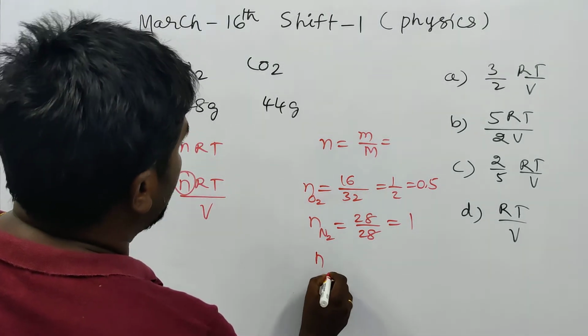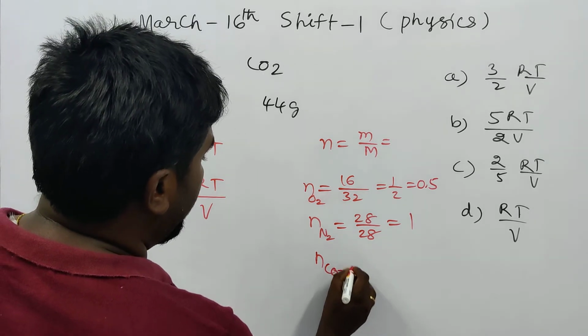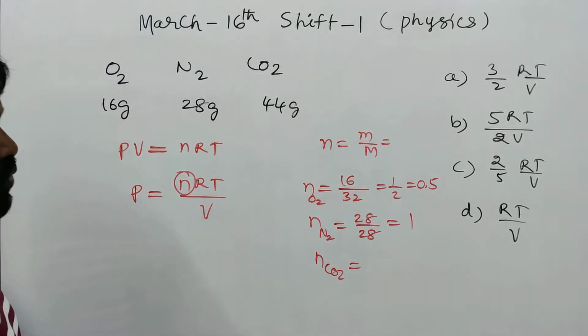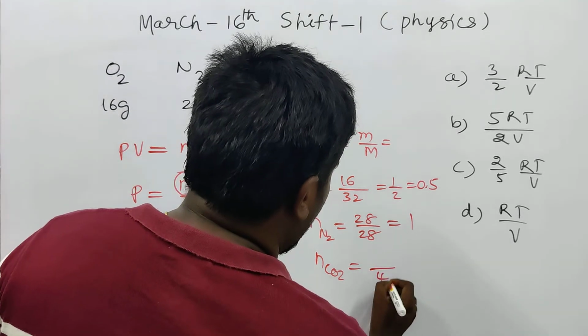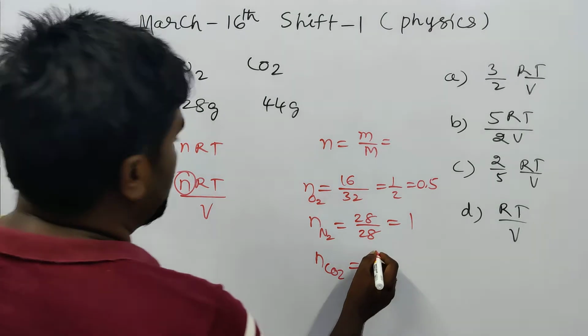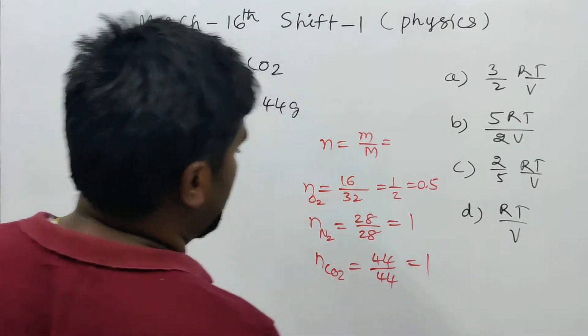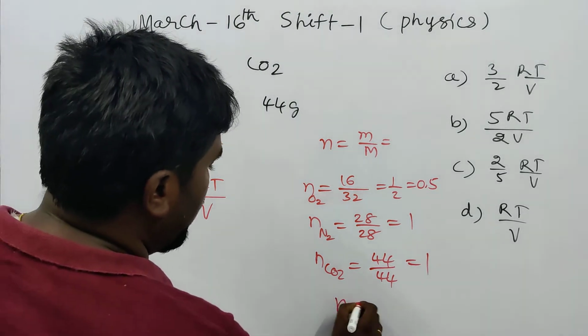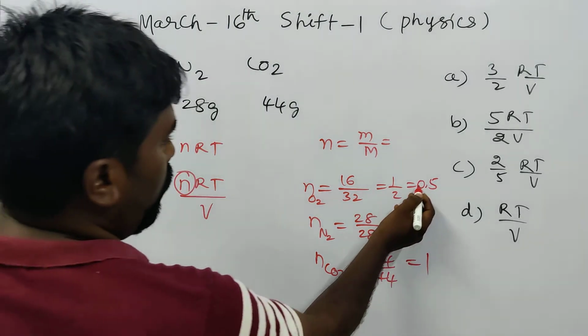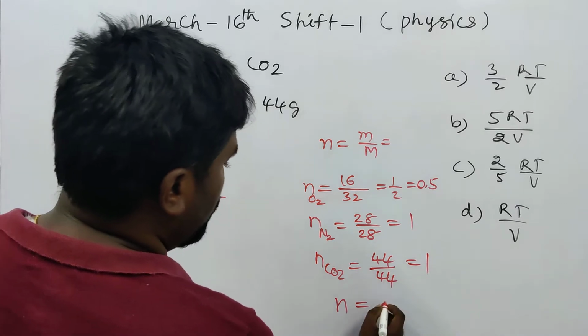Similarly, for carbon dioxide, 12 plus 32 gives 44, which is the molecular weight, and the mass is 44 grams, so n is 1. So the total n is 0.5 plus 1 plus 1, which is 2.5.